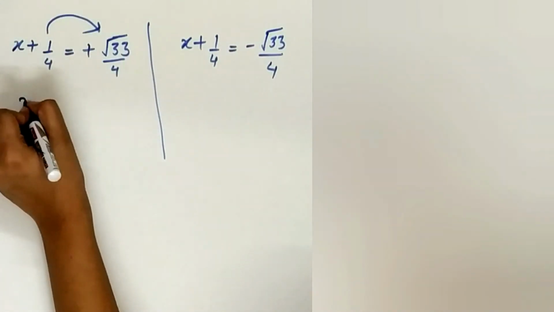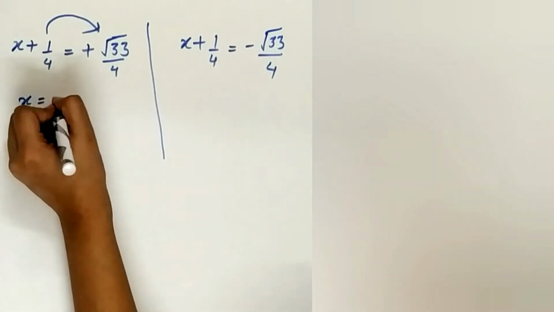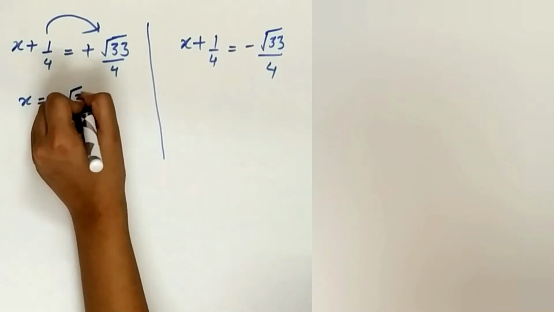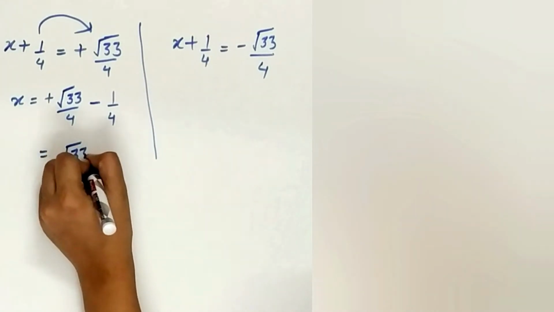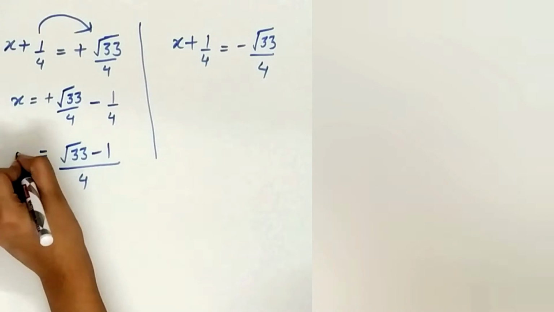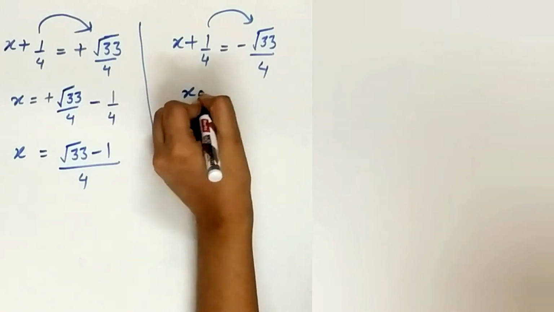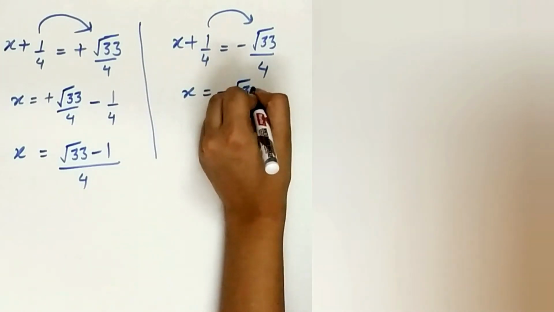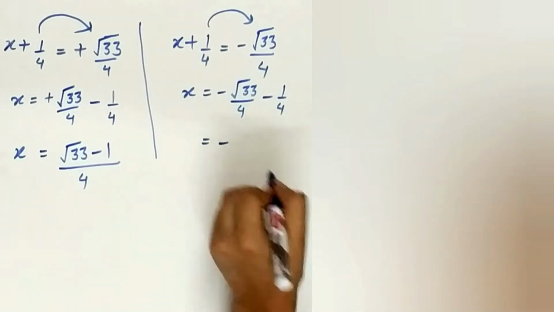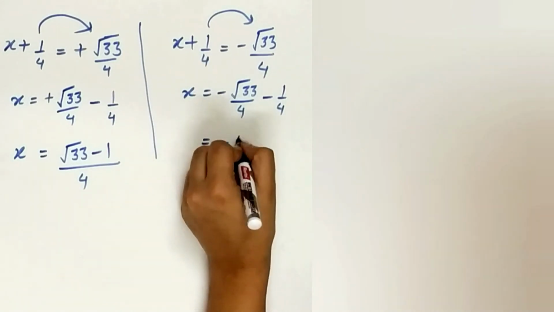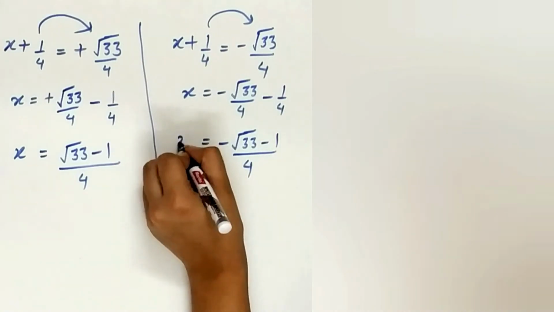Transpose 1 by 4 to the right side to isolate x and find its value. Minus 1 by 4. So it's equivalent to root 33 minus 1 by 4. Similarly, transpose 1 by 4 to the right side. x is equal to minus root 33 by 4 minus 1 by 4, which is equivalent to minus root 33 minus 1 divided by 4.